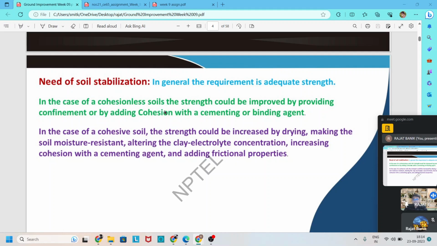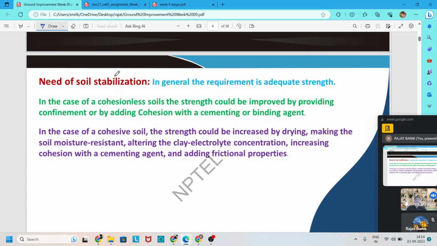Likewise, soil stabilization, that means chemical stabilization, is also used to increase the strength of the soil. It is said that in the case of a cohesionless soil, the strength could be improved by providing a confinement or by adding cohesion with a cementing or binding agent.